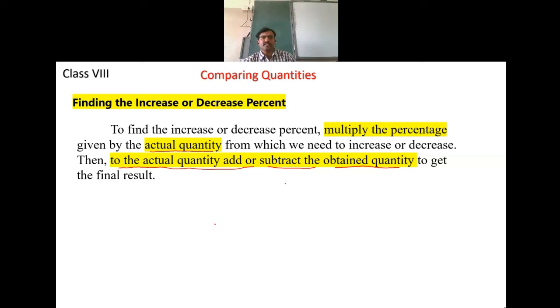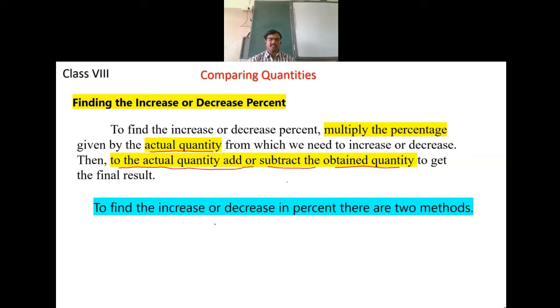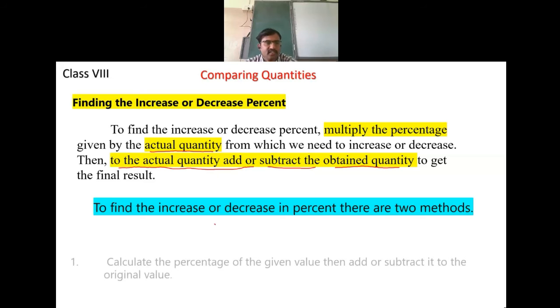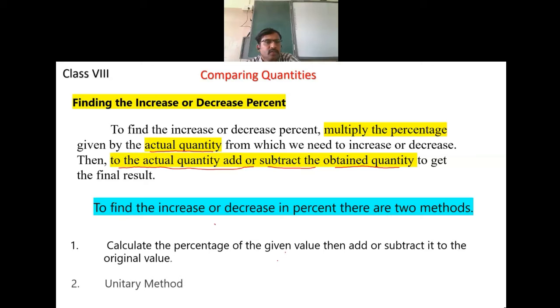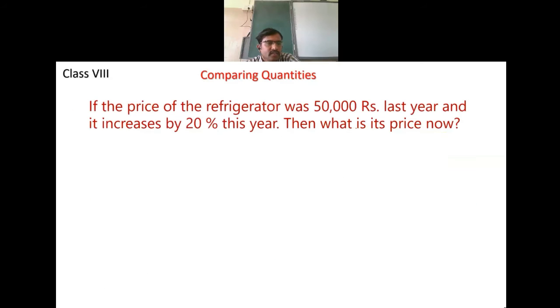We understand it by examples. Here also there are two methods. One is to calculate the percentage, then add or subtract. The other method is called the unitary method. Let's solve this particular question in both methods so that we understand better.